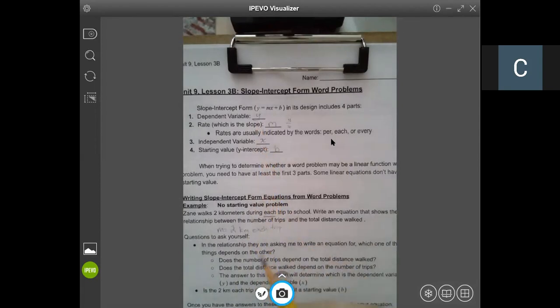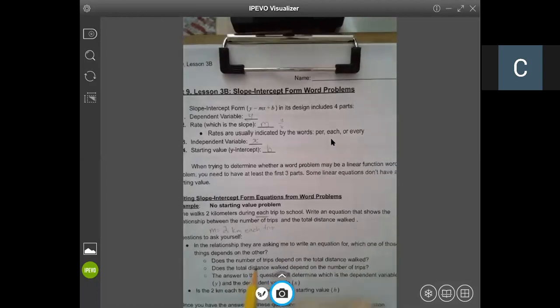So we're going to try and determine that by asking a couple of questions, right? And the first question is, in the relationship they're asking us to write about, which of those things depends on the other? So does the number of trips depend on the total distance walked? Or does the total distance walked depend on the number of trips?